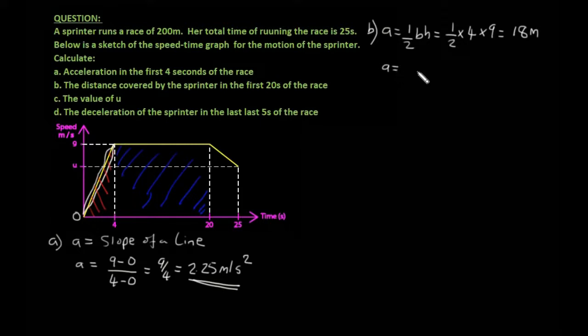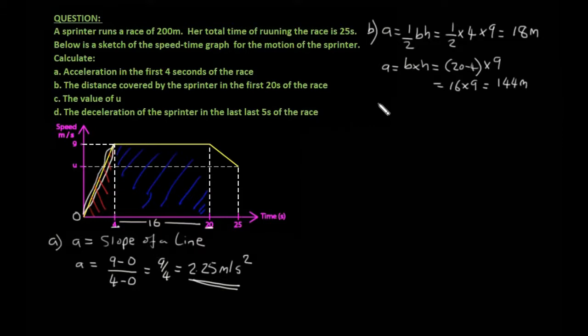And then we're going to find the area of a rectangle, which is base times height. Base is 20 minus 4. We got 20 here and 4 here. So this distance over here is going to be 16, times the height. Height is 9. So this comes to 16 times 9, which is equal to 144 meters.